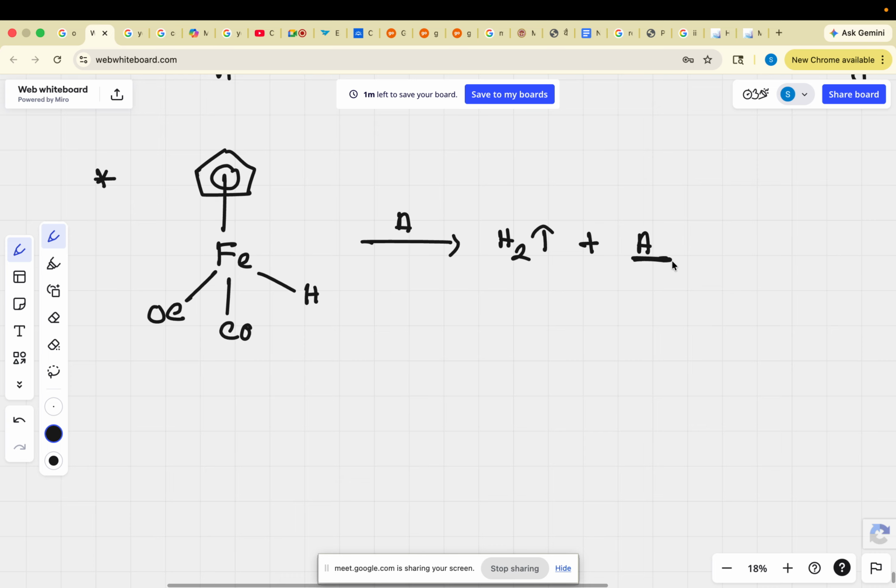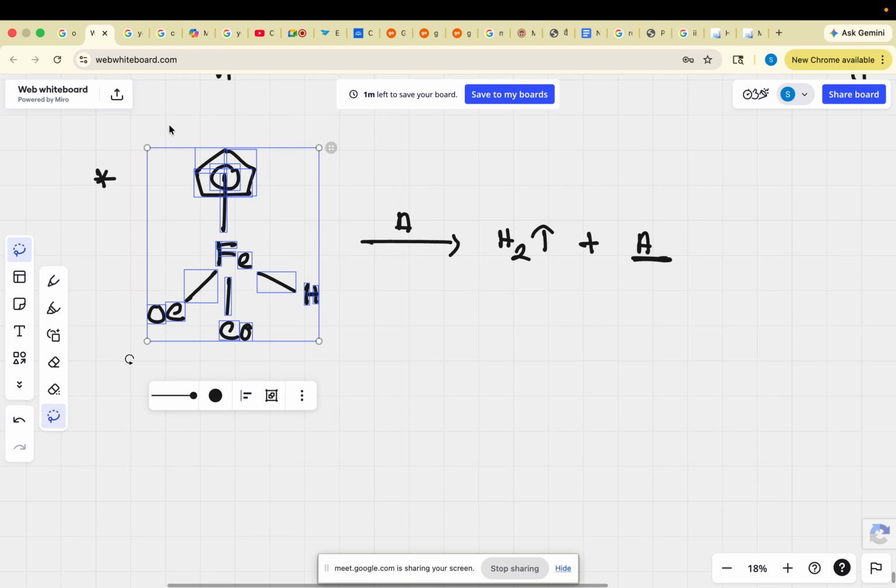You have only this compound, in presence of heating, hydrogen gas is releasing and you are getting one product A. How can you find it out? Positive charge of iron, yeah, but you have to do it.